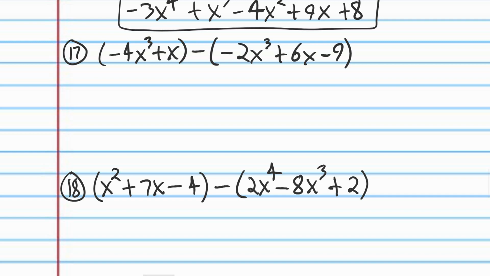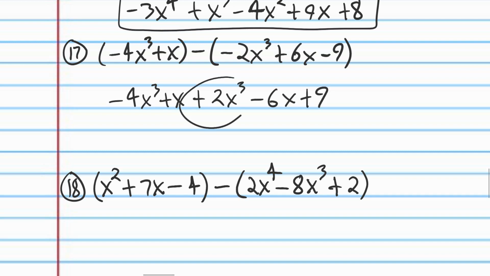All right, we're back. Now, this is the term that is somewhat different. We probably should have tried that one together. This is negative, so it becomes positive. Again, you switch all of these signs.